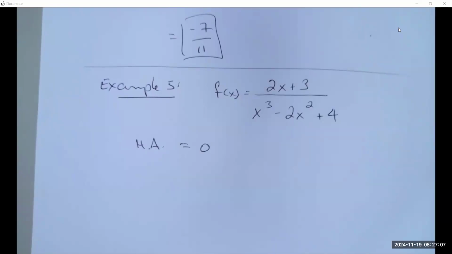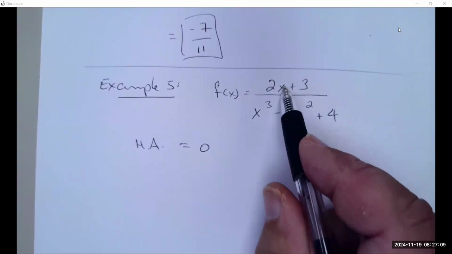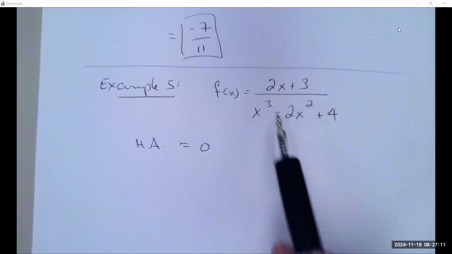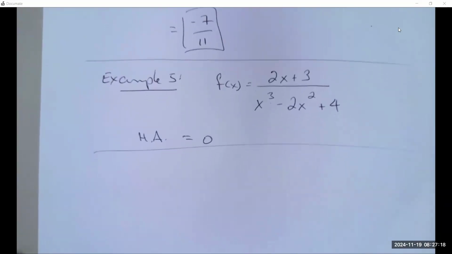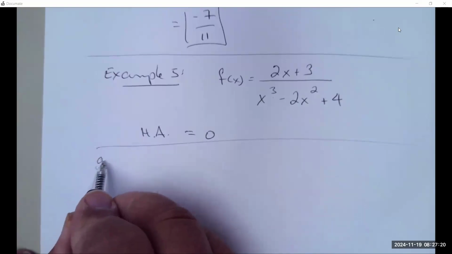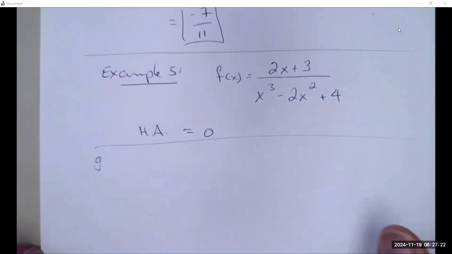Because the bottom is bigger than the top, there are more x's on the bottom, so the bottom gets bigger faster than the top.